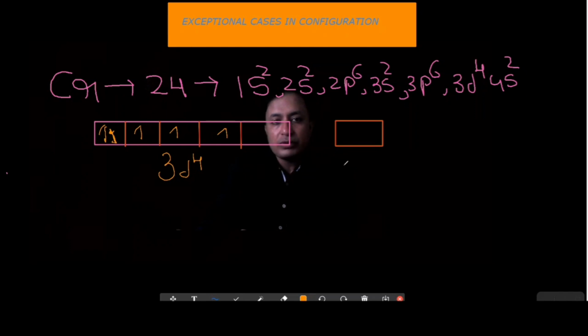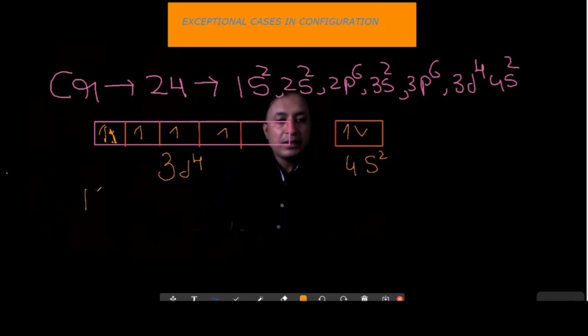And in the 4s orbital the 2 electrons are present over here. Now there is a concept here that half filled orbitals and completely filled orbitals are more stable as compared to incompletely filled orbitals.